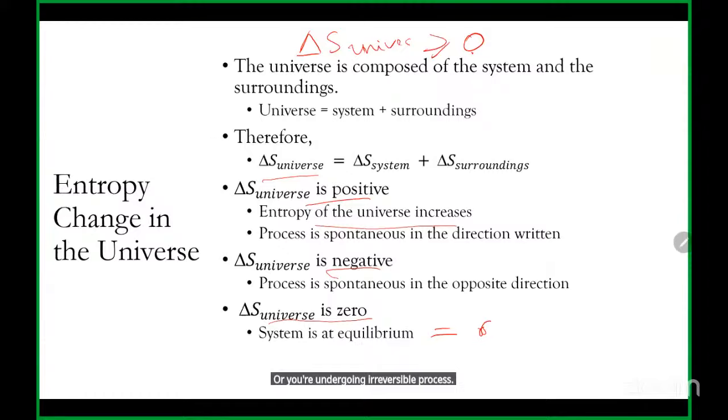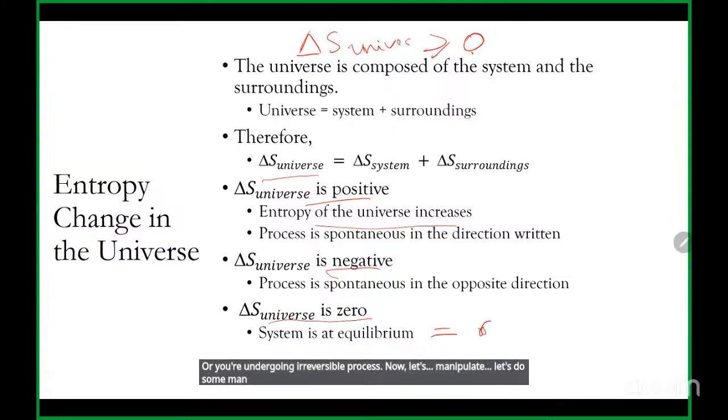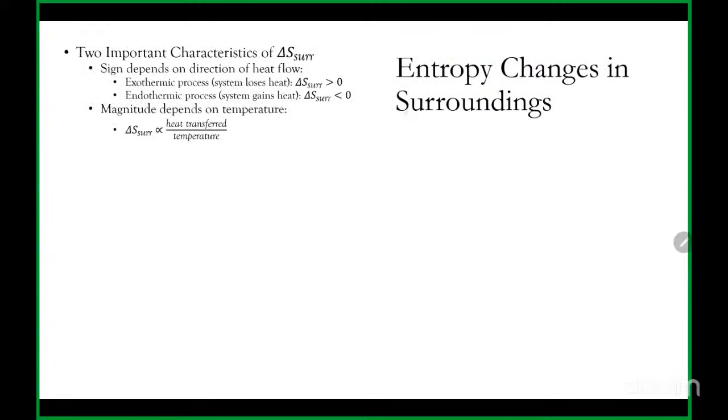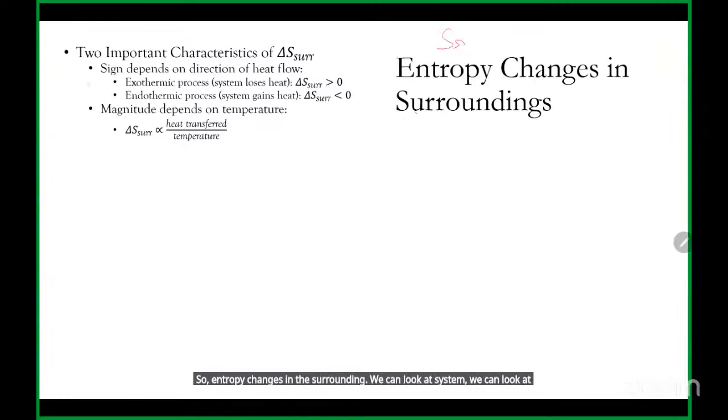Now, let's do some manipulations on entropy. When you do all these manipulations, you understand other concepts. So, entropy changes in the surroundings. We can look at system, we can look at surroundings, but we're trying to lead somewhere.